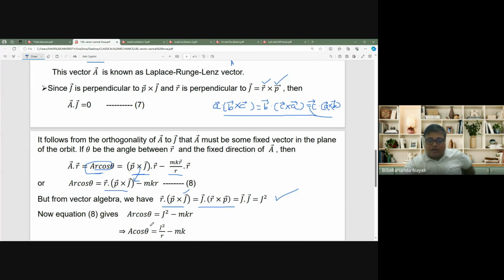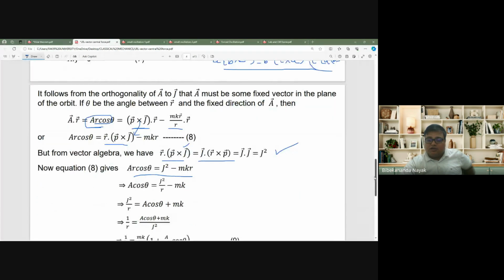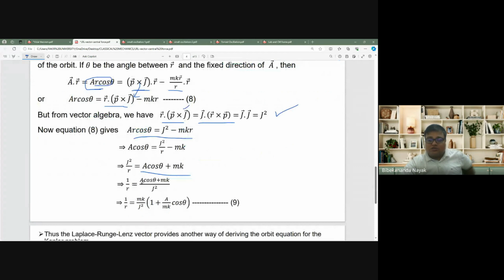Finally, we found A r cos theta is equal to J squared minus mk r. So A cos theta will be J squared by r minus mk, dividing each term by r. So J squared by r is equal to A cos theta plus mk, or 1 by r is equal to (A cos theta plus mk) by J squared. Taking mk by J squared common, we write 1 plus A by mk cos theta.